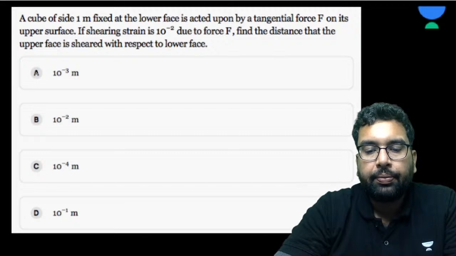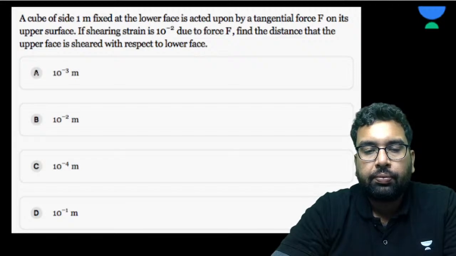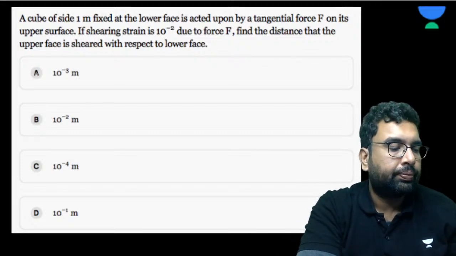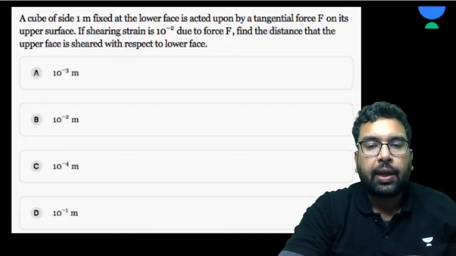Can you try this question? Please solve this. Any answers?